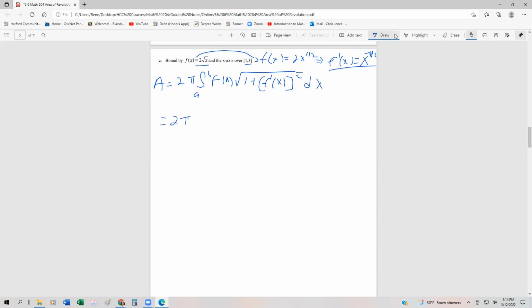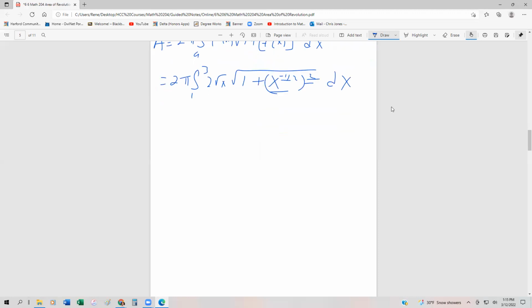This is going to be 2 pi integral from 1 to 3. We have our 2 roots of x, square root of 1 plus x to the minus 1/2 squared, dx. Be careful. When you do your algebra here, this is not going to become x to the positive 1/4. Remember, when you raise a power to a power, you multiply those exponents together.